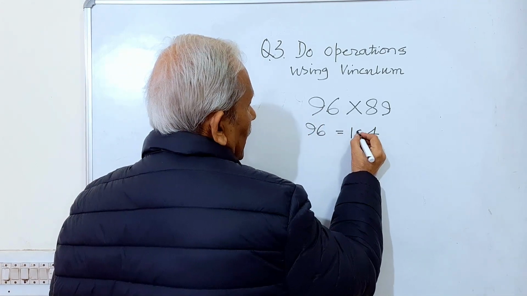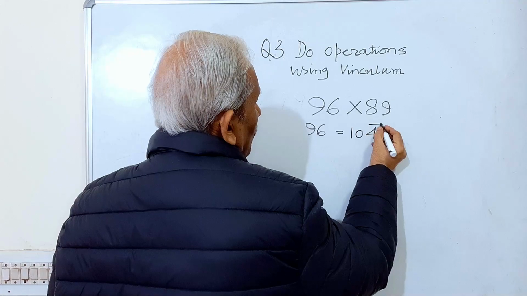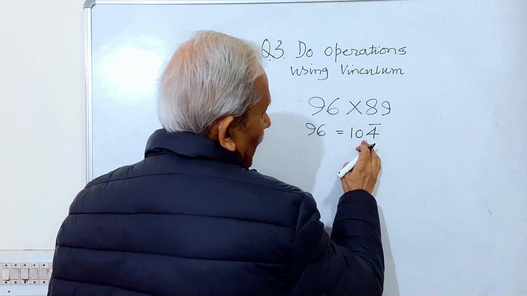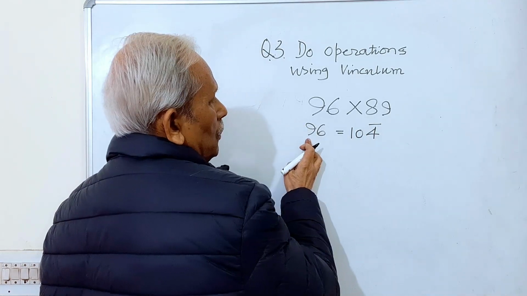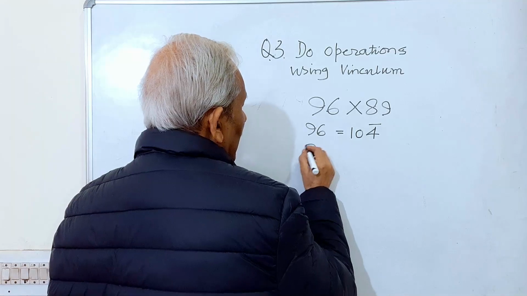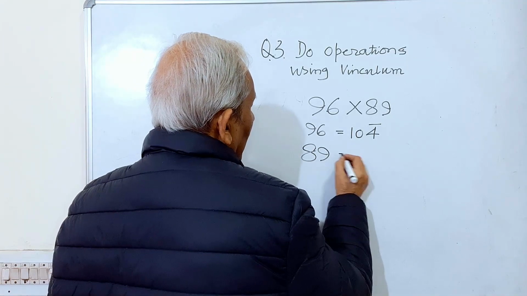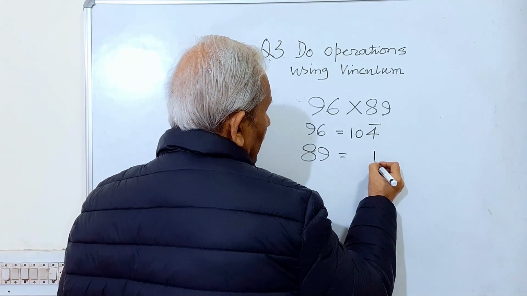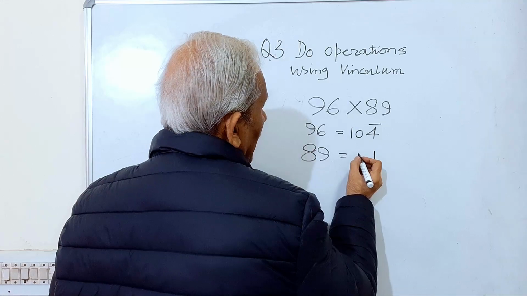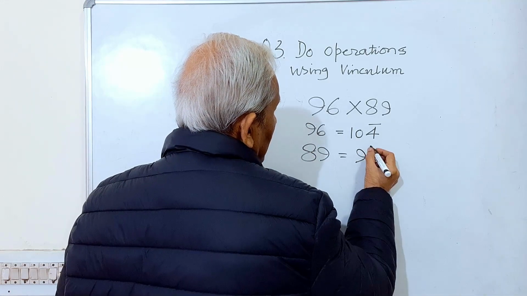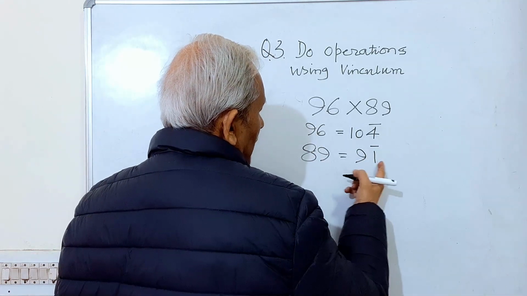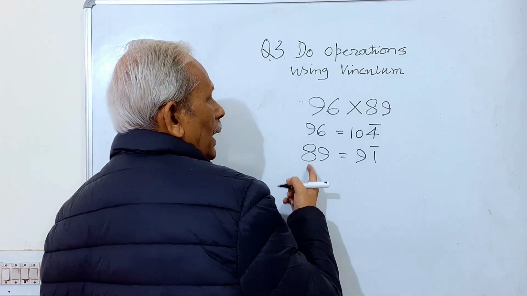That is 10. 104 bar. It's virtually 100 minus 4, which is equal to 96. Similarly, here 89, 10 minus 9 is 1, and this is to be increased by 1, 91, this is bar here. This is 90 minus 1, which is equal to 89.